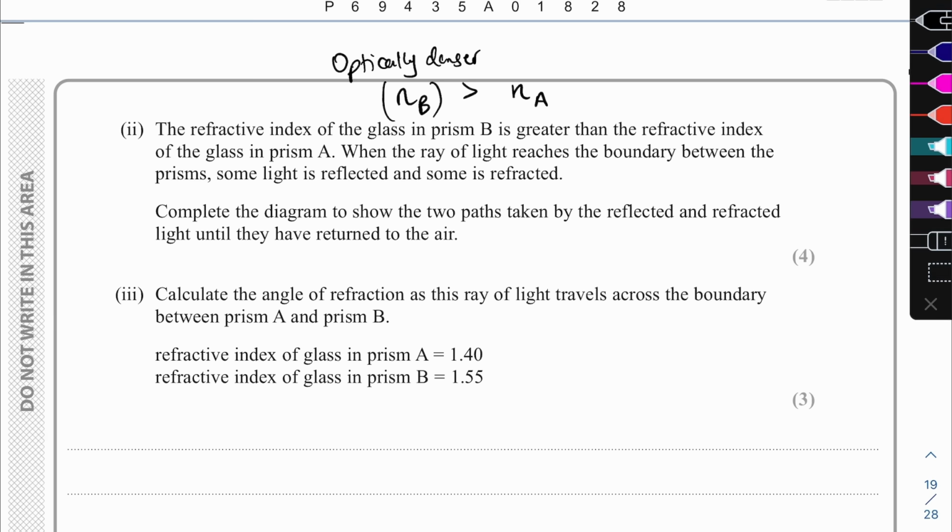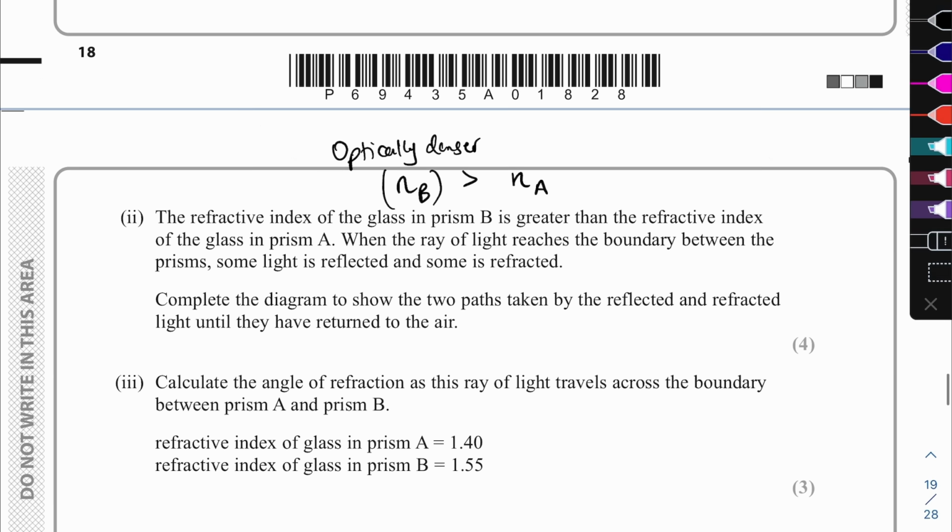Now the question says, when the ray of light reaches the boundary between the prisms, some light is reflected and some is refracted. Complete the diagram to show the two paths taken by the reflected and refracted light until they have returned to the air.